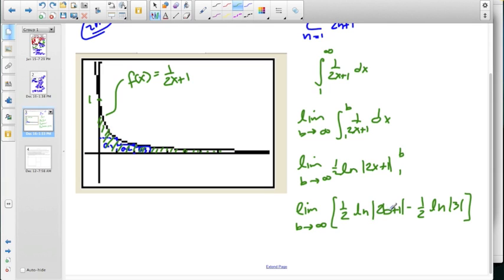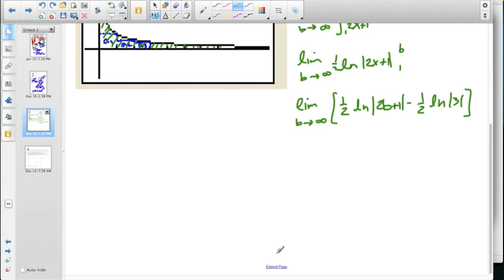And so putting infinity here now is not a problem, but the natural log of infinity happens to be infinity. So we're talking about infinity minus 1/2 the natural log of 3, which still ends up being infinity.